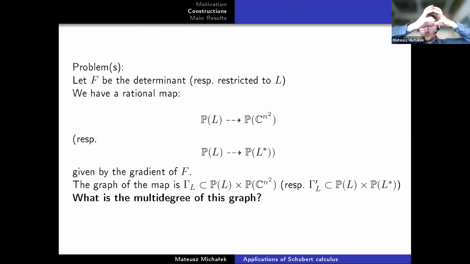So what can I do with my variety that sits in a product of projective spaces? I could intersect it with various representatives of H1 until I get points, and then I get one number. But I could also intersect it with representatives of H1 until I get something of dimension 1, a curve, and then intersect it with H2. And I will get a different, in general, number of points. So I get a second integer.